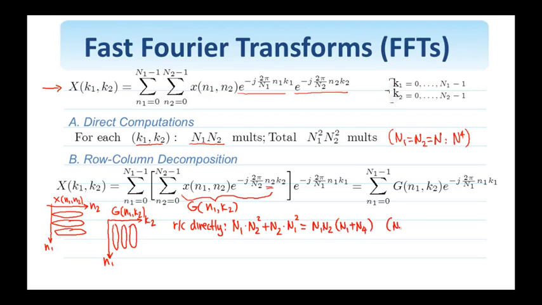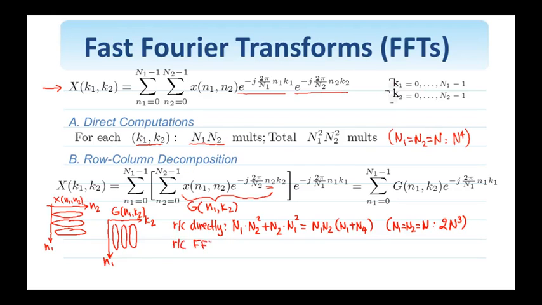So again, for N1 equals N2 equals N, I see that I need 2N to the 3rd multiplications. So by just exploiting this decomposability structure of the DFT, I can bring the number of multiplications down by an order of magnitude.